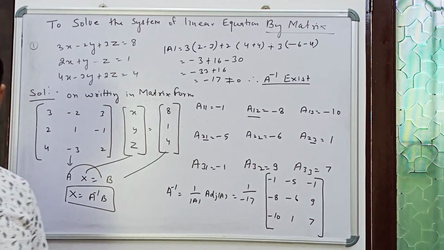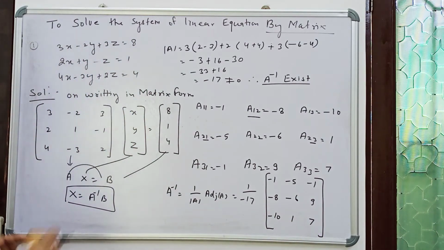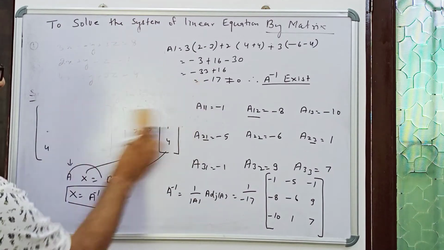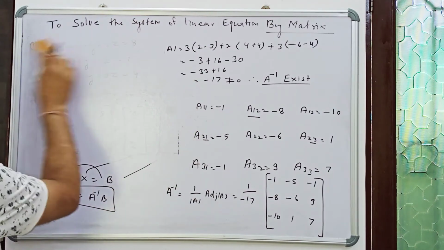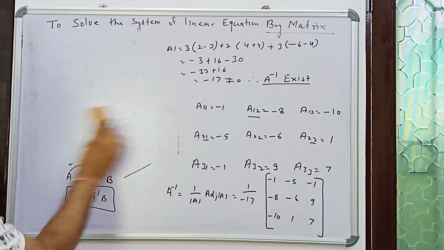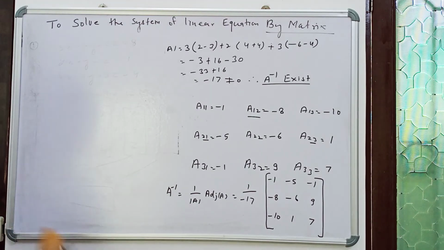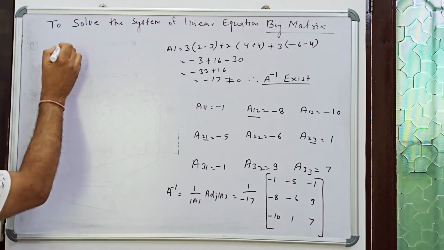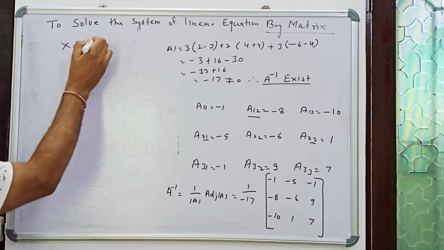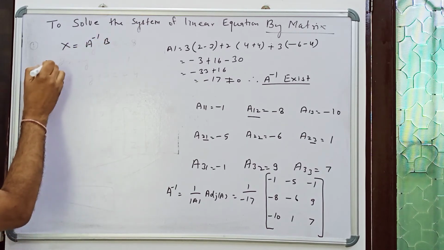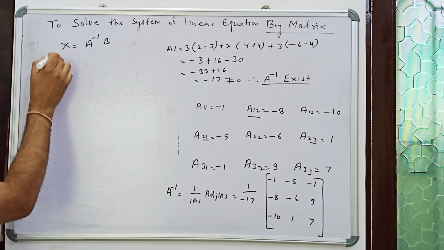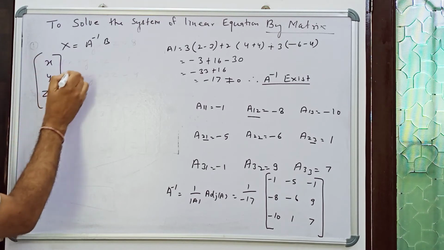So in this way we have calculated A inverse, and now we will calculate how to find the values of x, y and z. Now you have already seen that X equals A inverse B. So it is x, y, z equals A inverse.